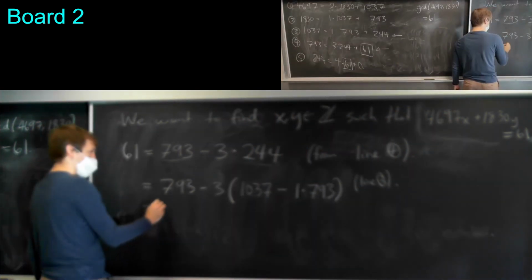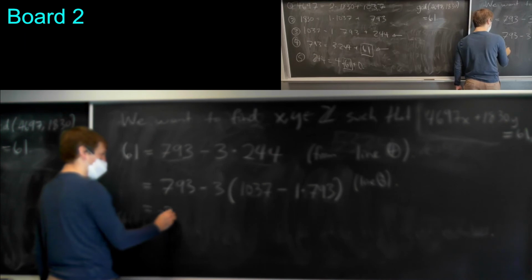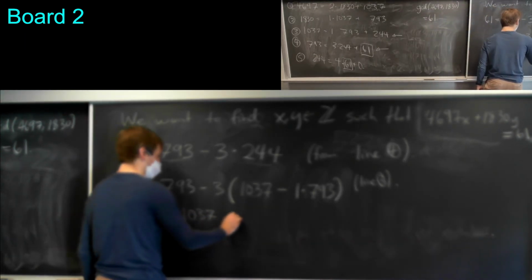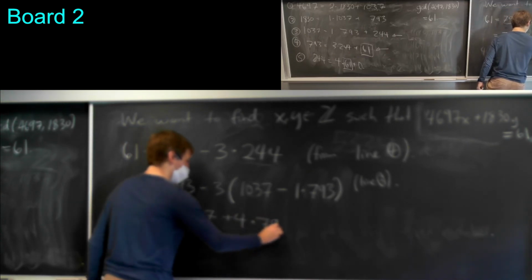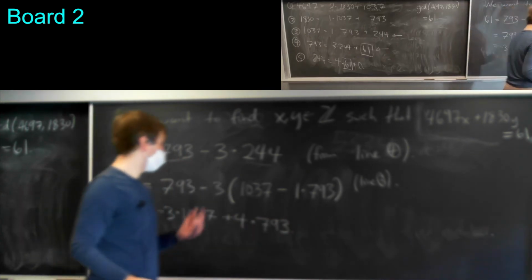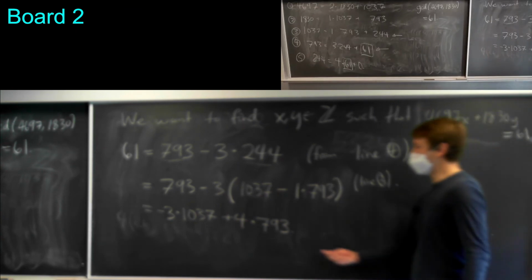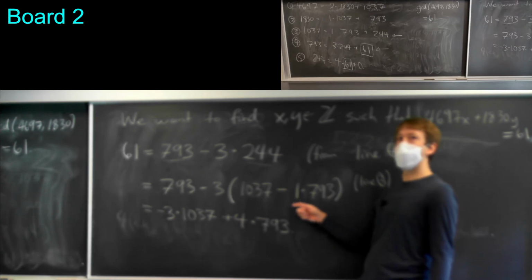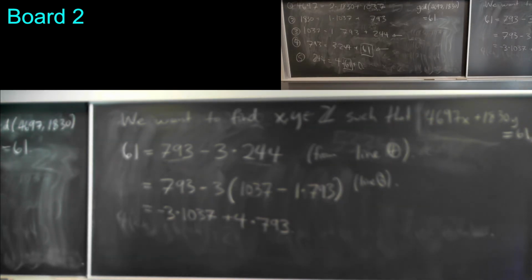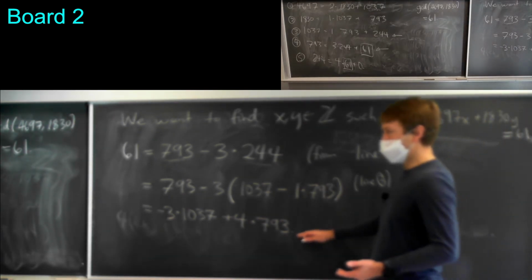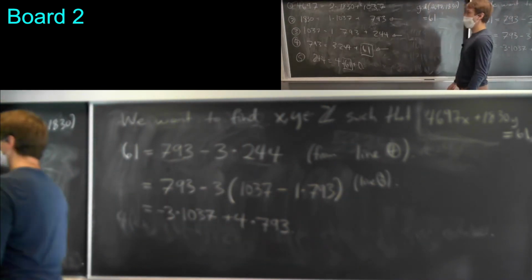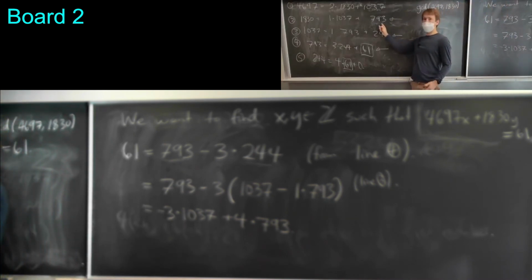So this is going to be negative 3 times 1037 plus 4 times 793. Because I've got one 793 here, and I've got negative 3 times negative 1, which is 3, so 3 more 793s. Now going backwards in the calculation, we look at our next line, and we see my 793 can be rewritten in terms of these two numbers.